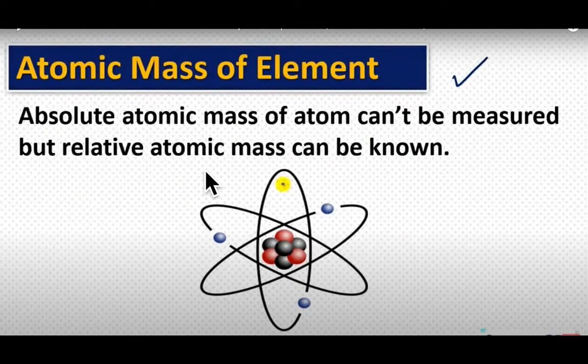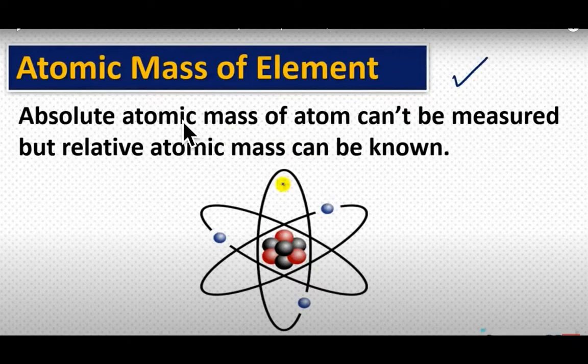The next is the atomic mass of the element. As you know that the size of an atom is very small, so its mass must be very small, and we cannot find out the absolute atomic mass of an atom, but we can find out the relative atomic mass.